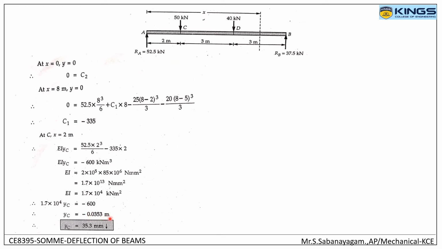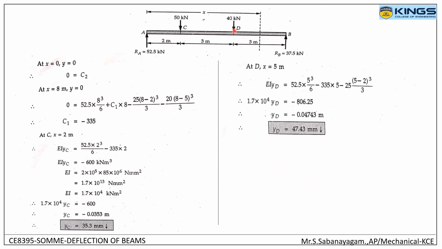It can be converted into mm. So the deflection at point C, yc, is equal to 35.3 mm. Since the load is applied like this, the deflection will be downwards, and hence the arrow mark is shown like this.